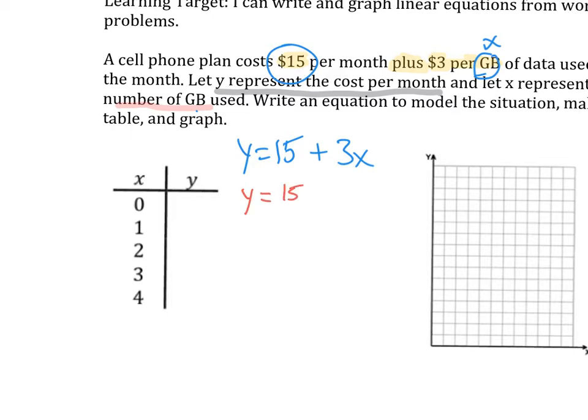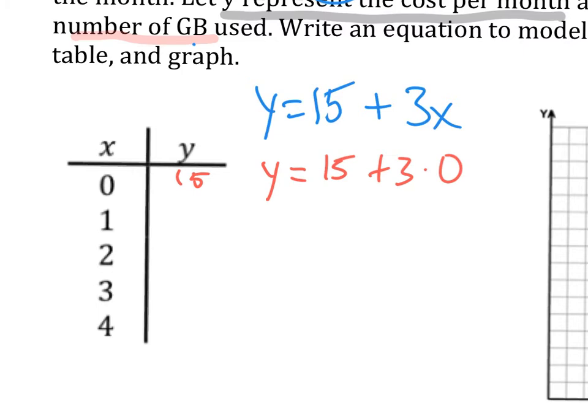We have 15 plus 3 times 0. Well, 3 times 0 is 0, so y is going to equal 15 if x is 0. Then y equals 15 plus 3 times 1, which is 15 plus 3, which is 18.